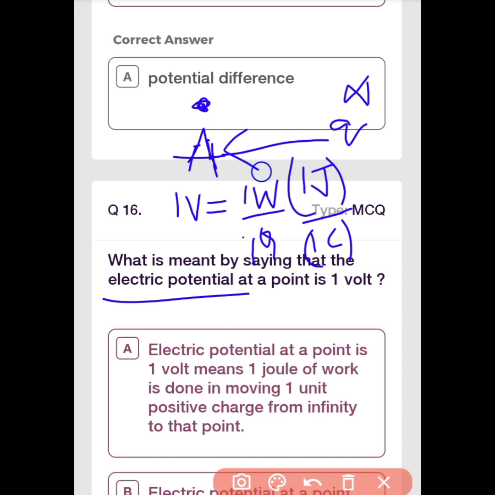This is called electric potential. Now when can we say it is 1 volt? When 1 joule of work is done in moving 1 coulomb of charge from infinity to that point. Okay, let us see the options.